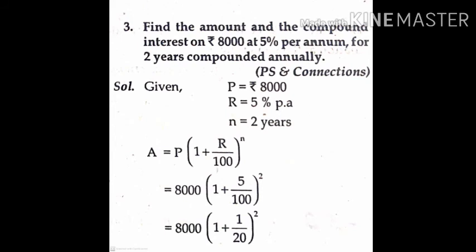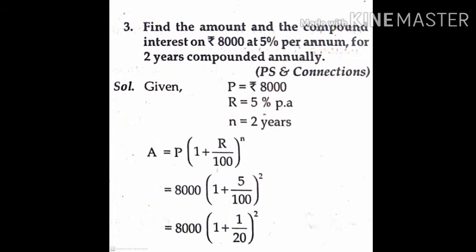Next, third question. Find the amount and the compound interest on 8,000 rupees at 5% per annum for 2 years compounded annually. Solution. Given principal P is equal to 8,000 rupees, R is equal to 5% per annum.